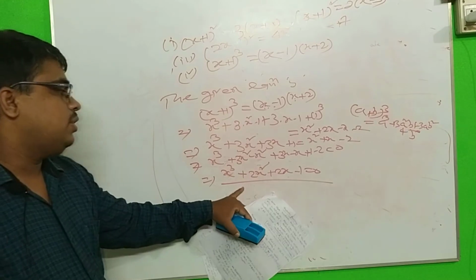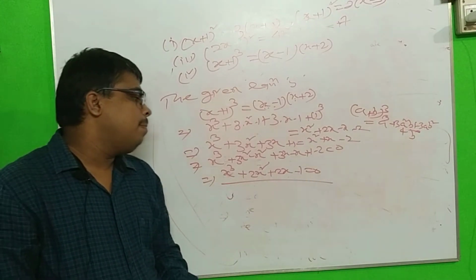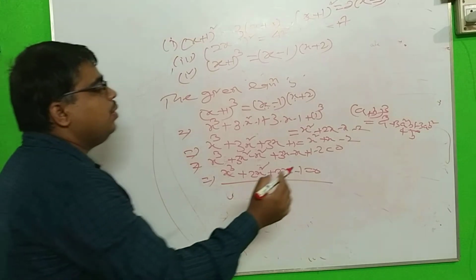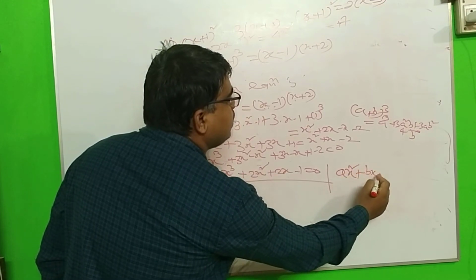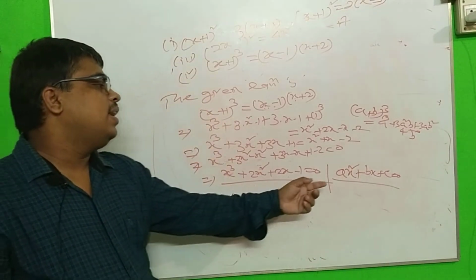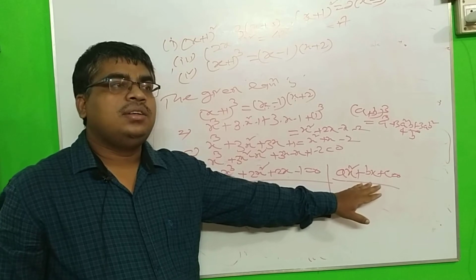Is it a quadratic equation? You see, there is no similarity with the standard form of quadratic equation ax square plus bx plus c, because here the highest power of x is 3. A quadratic equation contains only the highest power of x square.